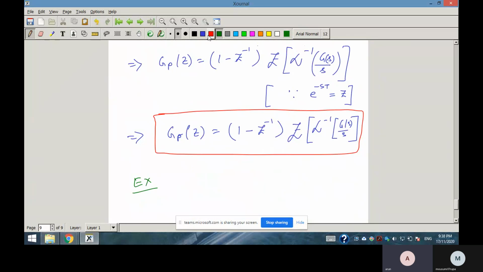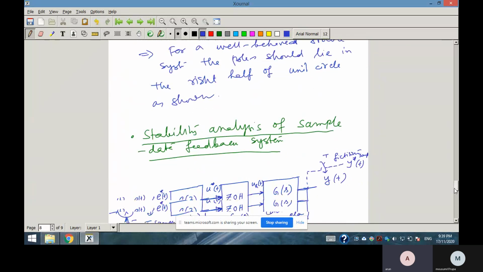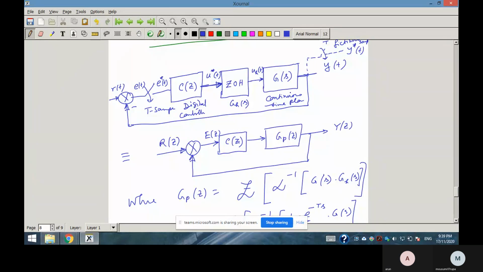The exercise is G(s) equal to, suppose, 1 over s plus 1, and C(z) equal to some simple gain K, a proportional controller, and T, the sampling time, equal to 1 second.